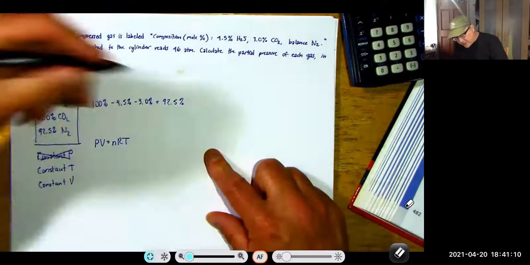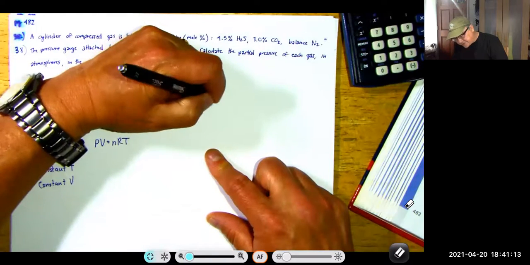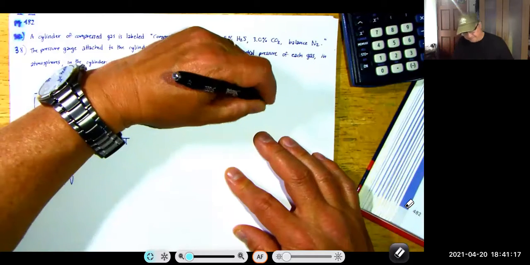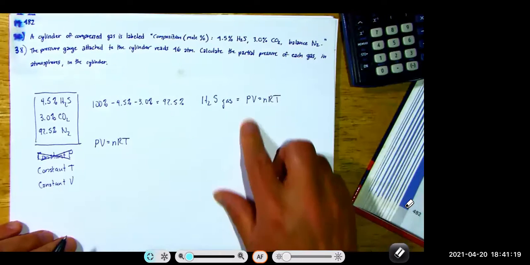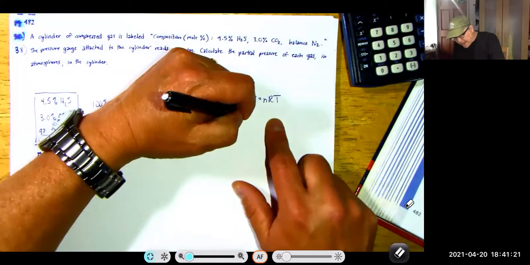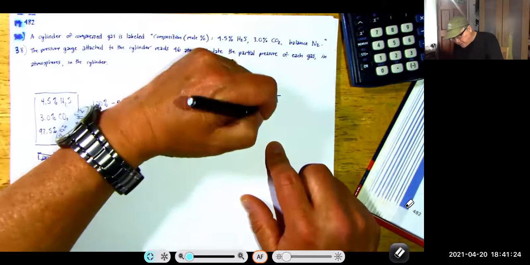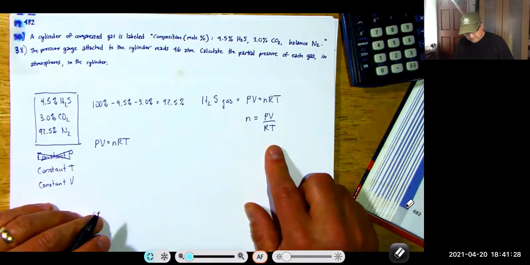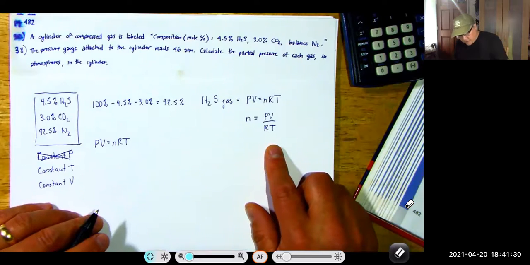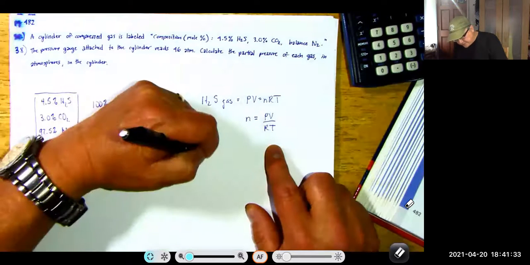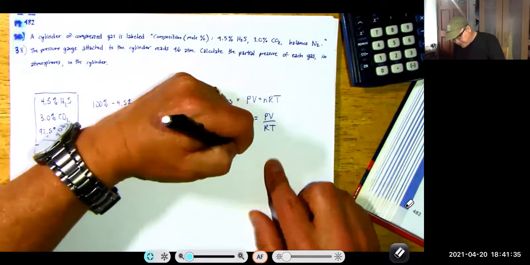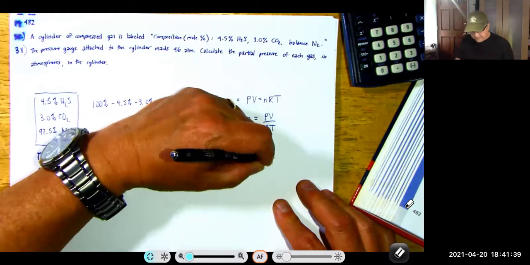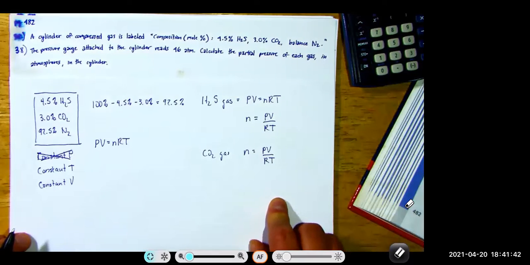So if we just look at the H2S gas, we have PV equals nRT, right? And here, if we want to take a look at the moles of the gas, it's going to be PV over RT. Now, if we look at the CO2 gas, we're going to have the moles is PV over RT, right?